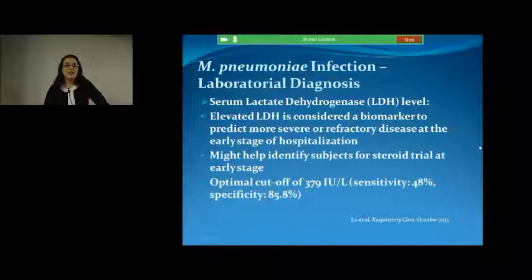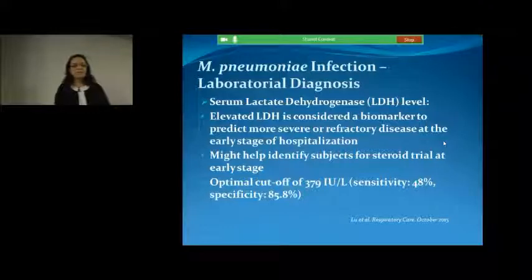Most of the studies show that the optimal cutoff of the LDH level is 379 international units. It has a sensitivity of 48%, which is kind of low, but the specificity is high, 85.8%, to predict the development of more severe refractory disease.